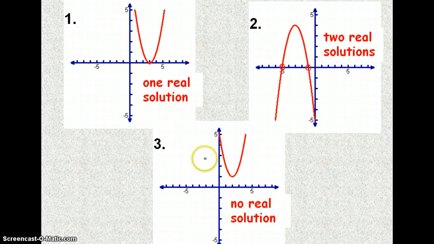And it would have no solutions if the graph doesn't touch the x-axis. Now notice that they say real. Real solutions, not imaginary. One real solution, two real solutions, no real solutions. What actually happens down here is you get two imaginary solutions.